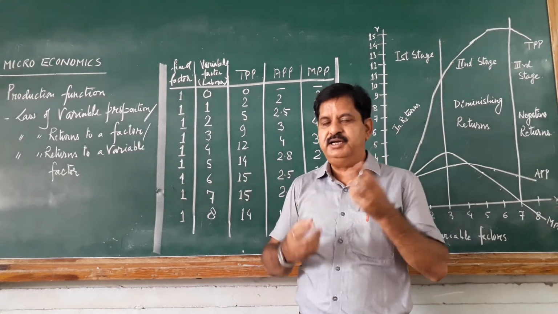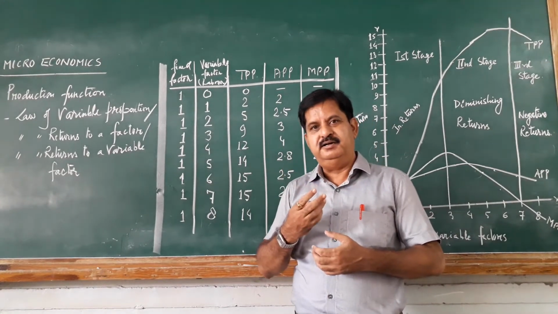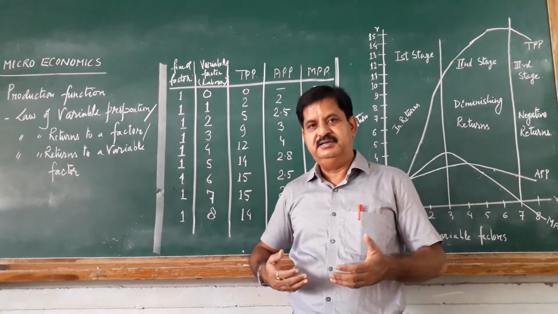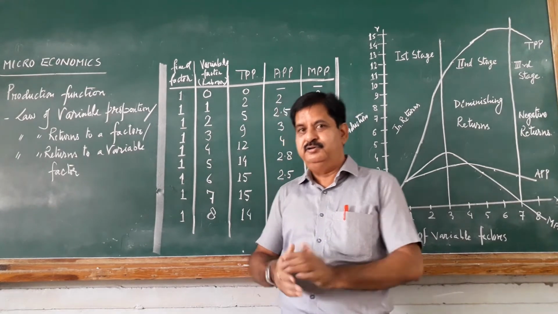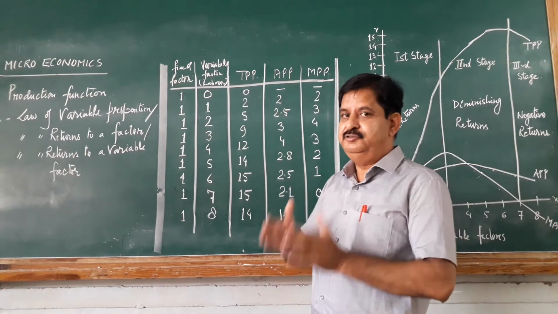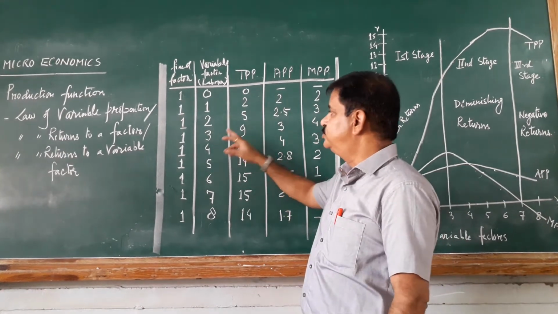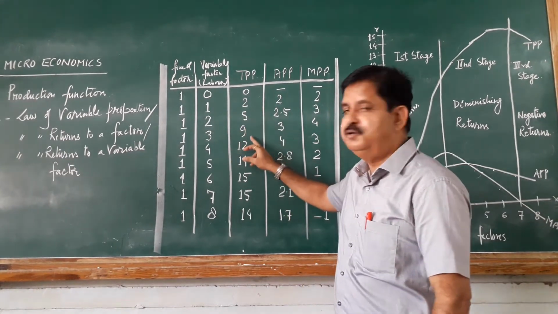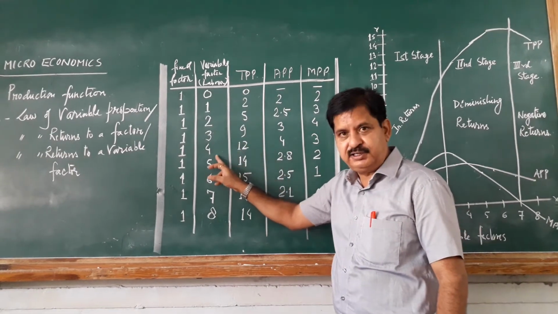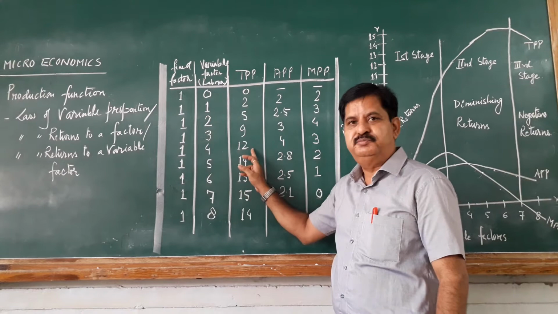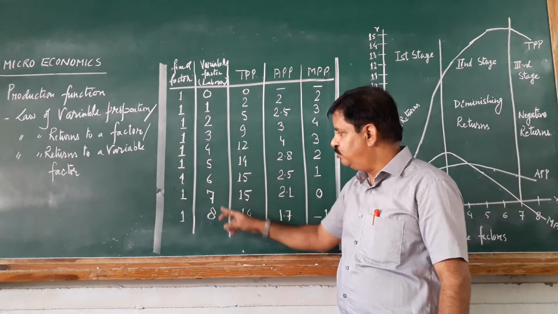Now the 3 works are being done efficiently, correctly, without wastage of time. The time which was saved, they were able to produce more bicycles, and the total production increased to 9. Then with the fourth worker we were able to produce 12, and so on.